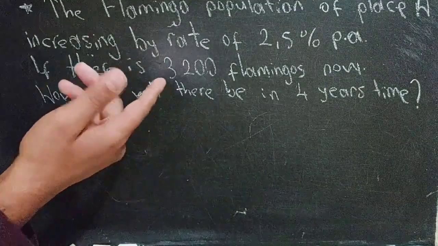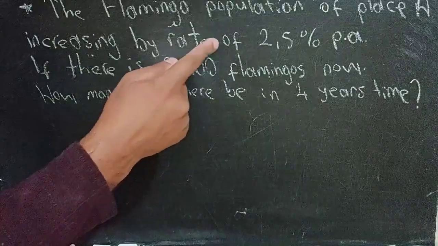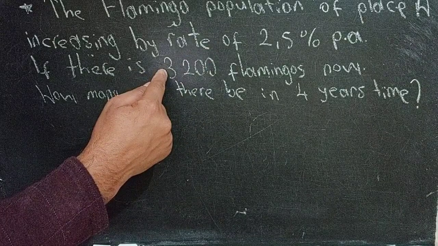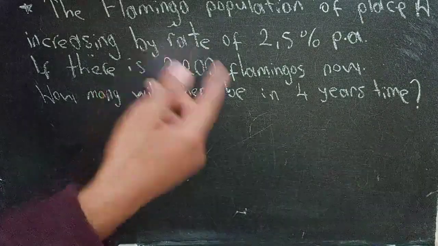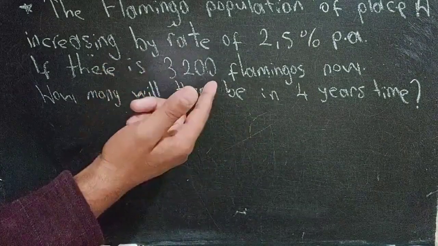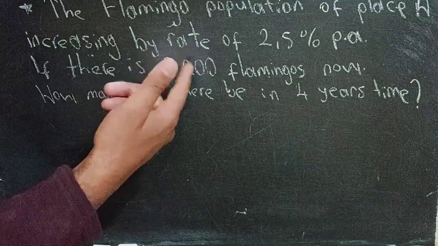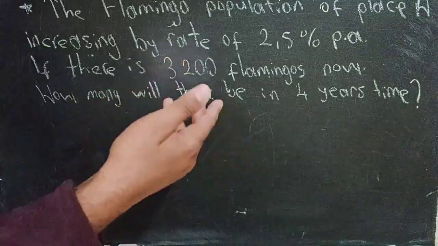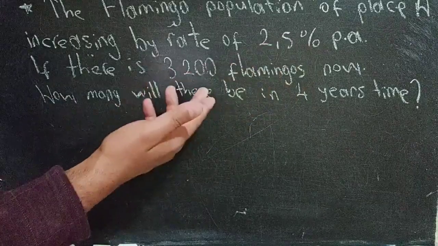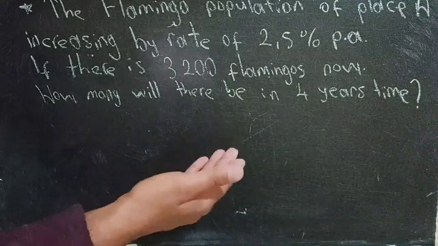So you should think now, if flamingos are increasing by 2.5%, and now I have 3,200, after 1 year will I deal with again this number or more? Of course more, because there will not be 3,200 flamingos after 1 year. It is going to be plus 2.5% of 3,200. So that means the amount is going to change after each year.